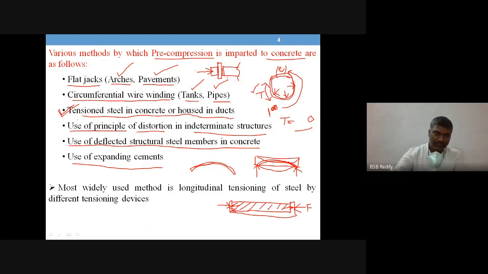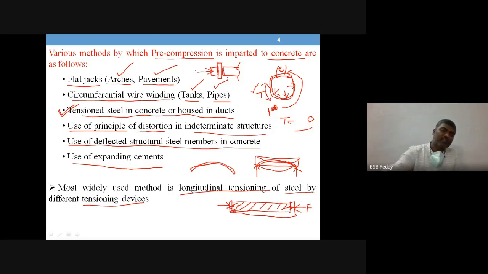So out of all these techniques, the most widely used method is the longitudinal tensioning of steel by different tensioning devices, like, as I said, pre-tensioning or post-tensioning. Okay, so this is about the various techniques that we have for pre-stress, not just pulling the tendon and pouring the concrete. There is a variety of techniques to impart pre-stress in concrete.